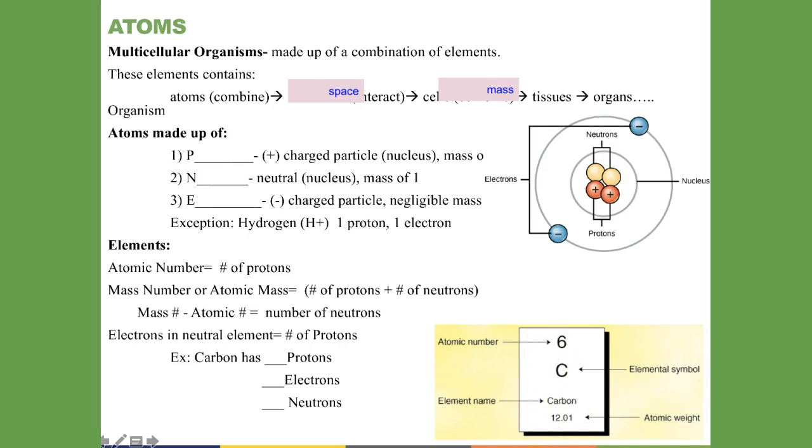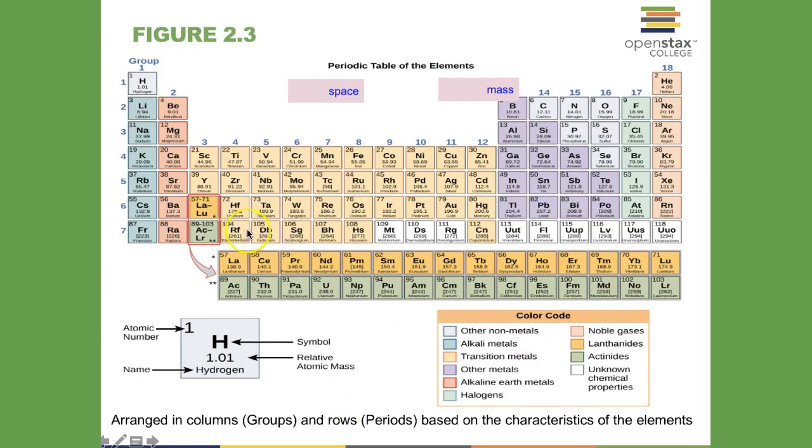So I could do 12 minus 6, and that would give me the number of neutrons, which is 6. If you ever didn't know the number of neutrons, you could always do mass minus protons, and that'll give you the number of neutrons. Okay? So if you ever didn't know, you can always figure it out by looking at the periodic table.